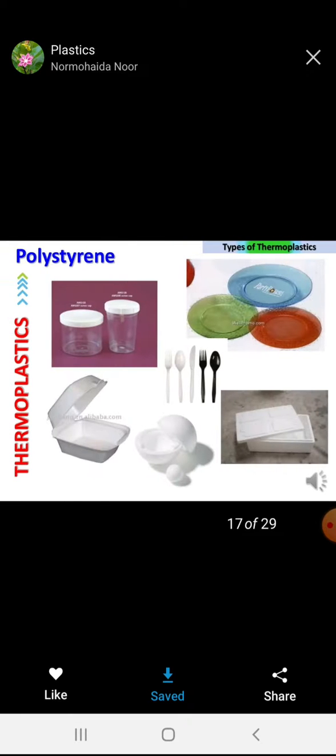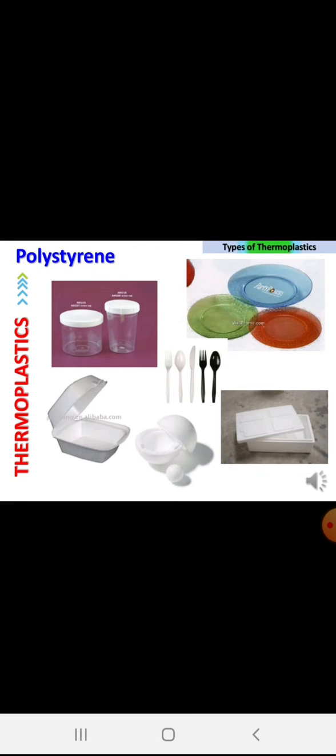Polystyrene, that is PS, is used in cups, plastic tablewares, that is spoons, and is most commonly used in cups. Then we will see the thermosetting types.